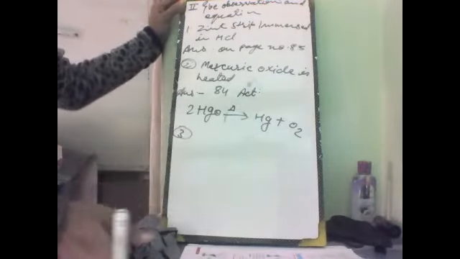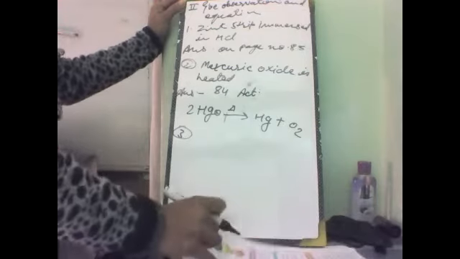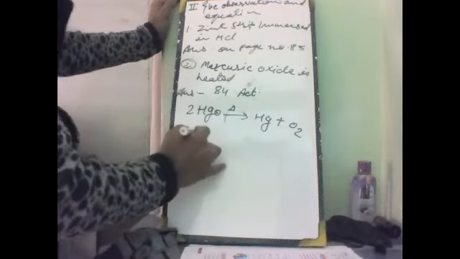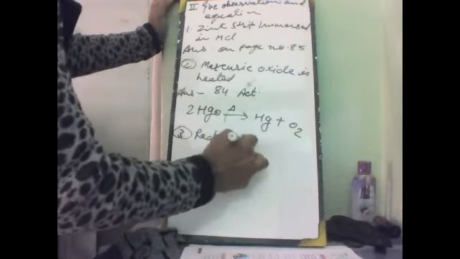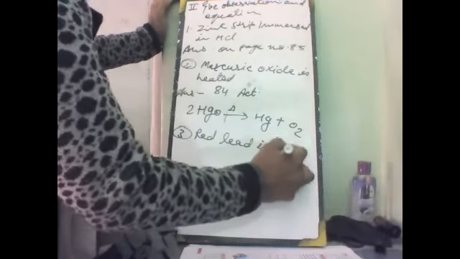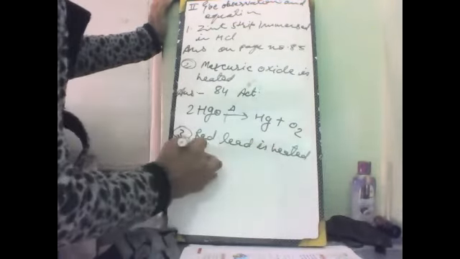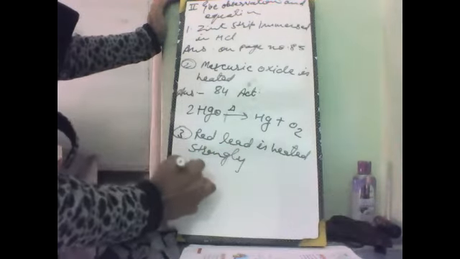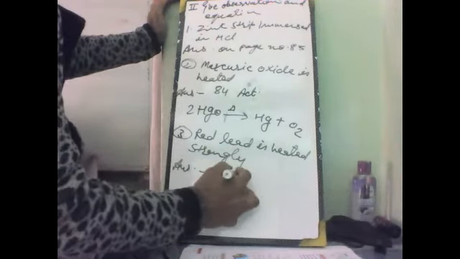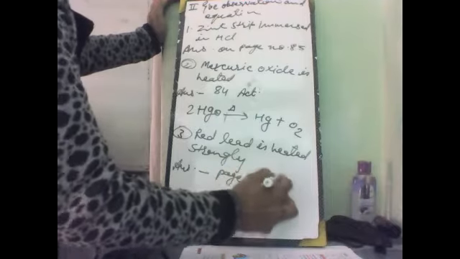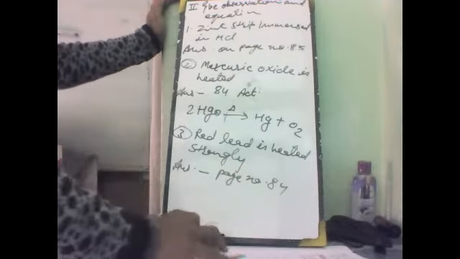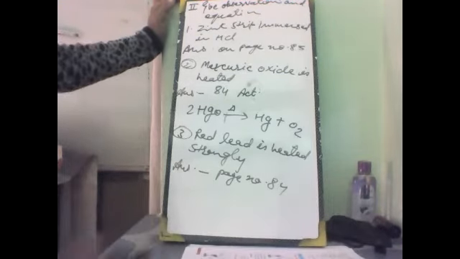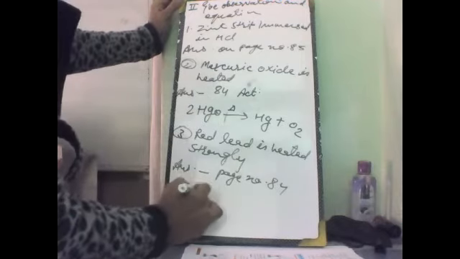Number 3 is red lead is heated strongly. The answer is on page number 84, activity number 3.